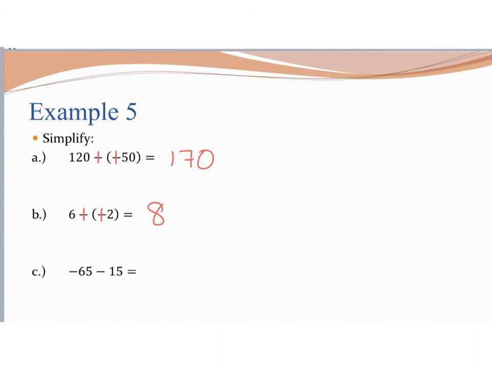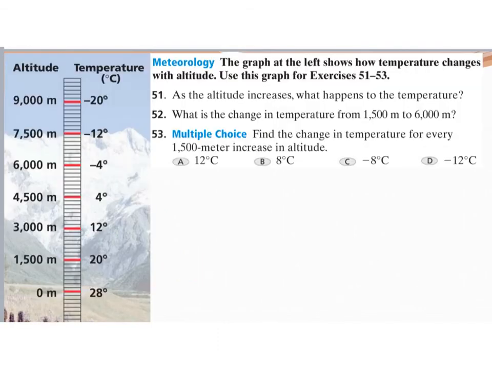And for part C, we have negative 65. I'm going to change this to plus a negative 15. Here I can see I have a negative plus another negative, so my overall answer will be negative. And 65 plus 15 is going to give me a negative 80.